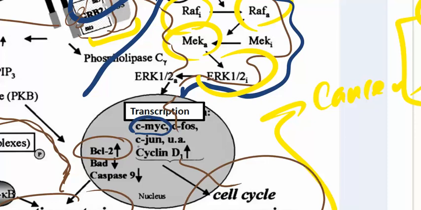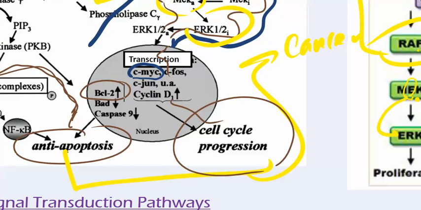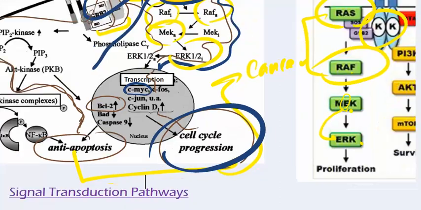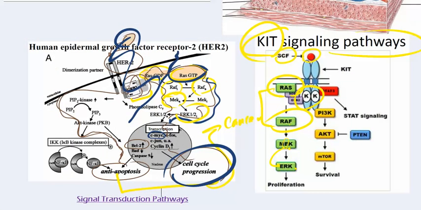We just said that MYC is the transcription factor. If this MYC transcription factor is for some reason overstimulated, or too much of it is produced, it can lead to cell cycle progression, which can lead to abnormal division, which can promote the cancerous state. Did everyone get that?